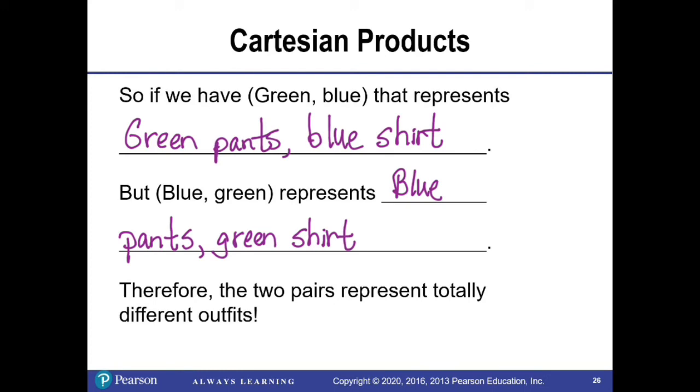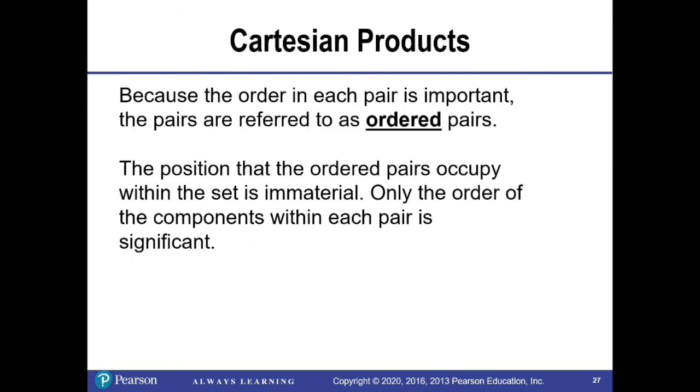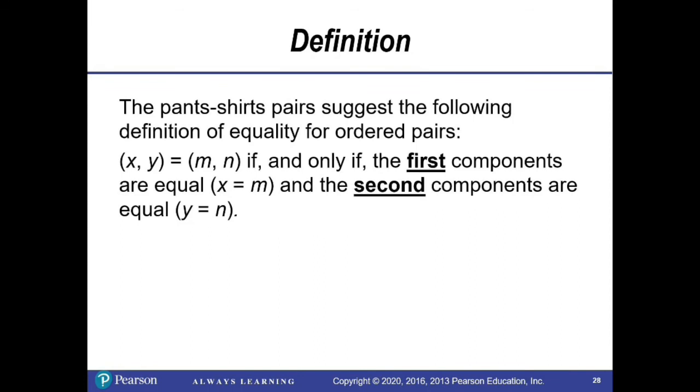These are 2 totally different outfits. Because our order is important in each pair, the pairs are often referred to as ordered pairs. Our ordered pairs are only going to be equal if the first components are equal and then the second components are also equal.